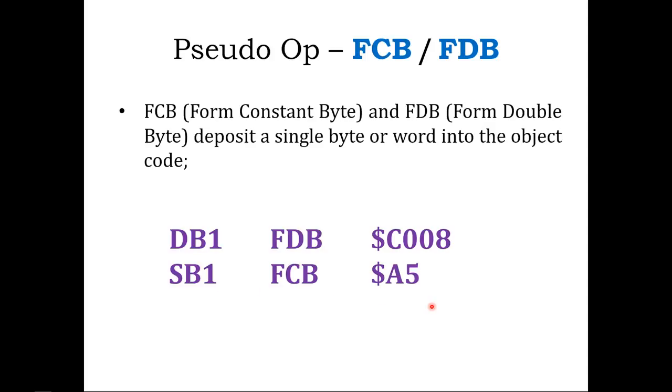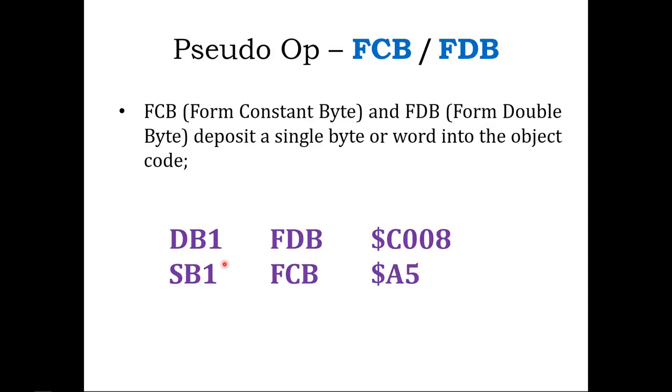Now, what exactly this means is SB1 is a memory location. SB1 is referring to a memory location, because SB1 is a variable, and that location contains a data which is A5. Now you don't know what the address of SB1 is at this point, okay? But you know what data is loaded into the SB1 location, meaning the memory location that is assigned to SB1. Same is for DB1.